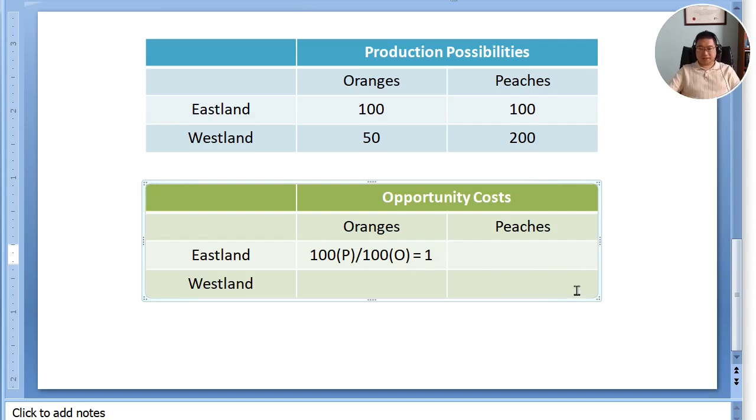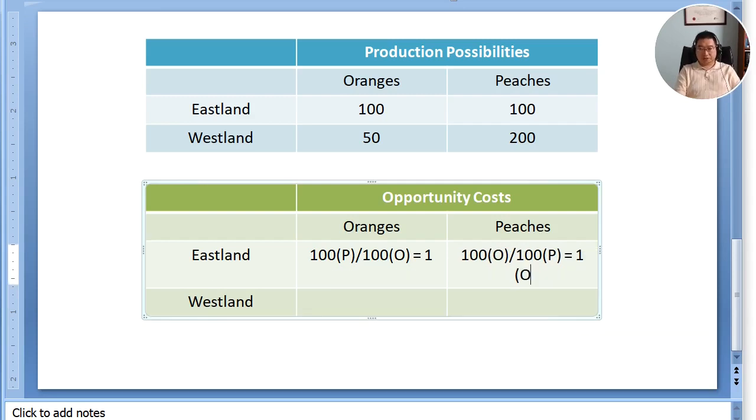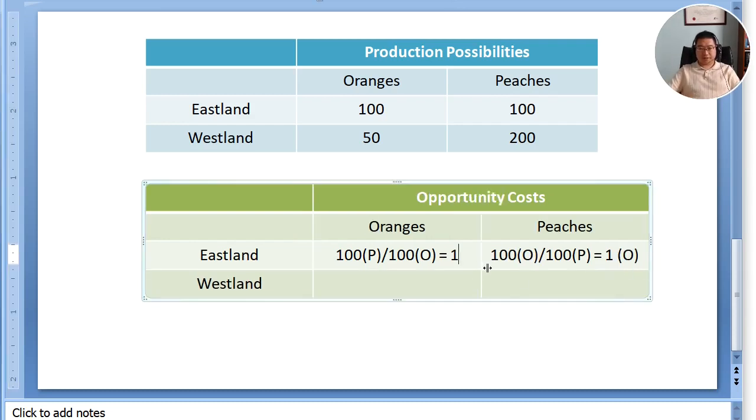Same thing for Eastland. It's 100 boxes of oranges divided by 100 boxes of peaches. I have 1, and the unit here is what? For peaches, the opportunity cost comes from the oranges I have to give up. And for the oranges, it's the peaches that I have to give up.